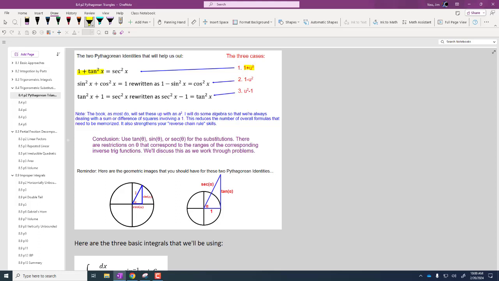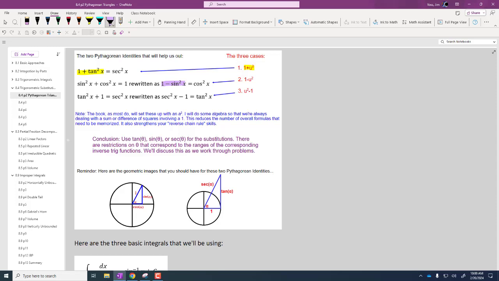If we have a 1 plus u squared in the denominator, and we let that u be tangent, then we'd have a 1 plus tan squared, which could be turned into a single term, secant squared. So that's the idea. Second one, if we take sine squared plus cosine squared equals 1, and we rewrite it, we have a difference of squares with a leading 1.